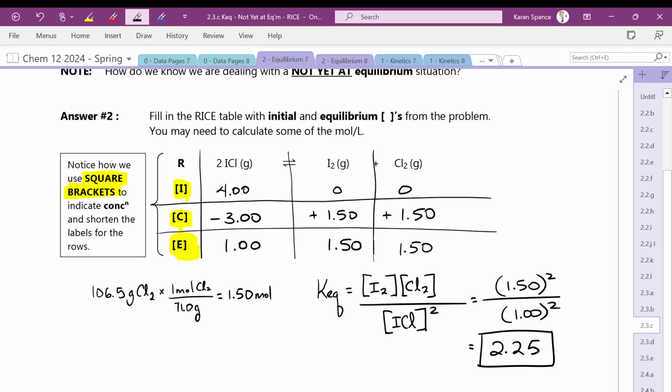We're just showing what happens eventually, because eventually we have what we do. Yeah, we're saying this system will end up at equilibrium. So now our change, because we started with only reactants.